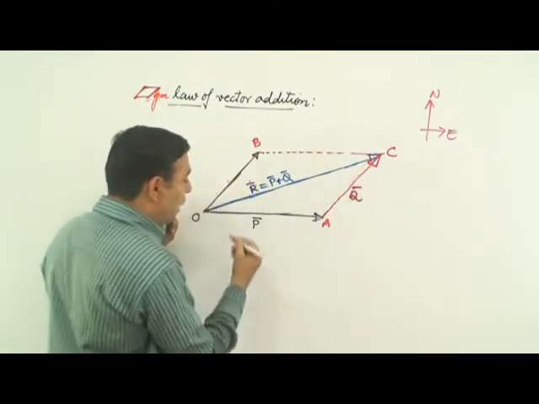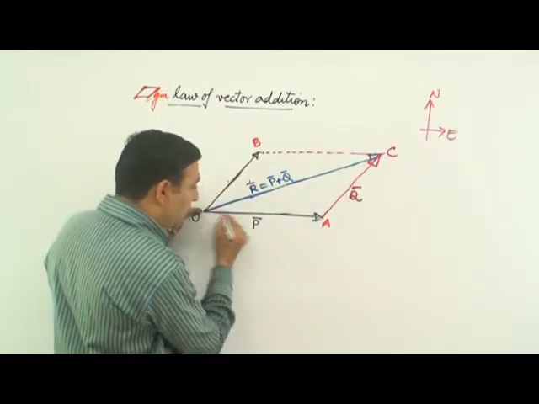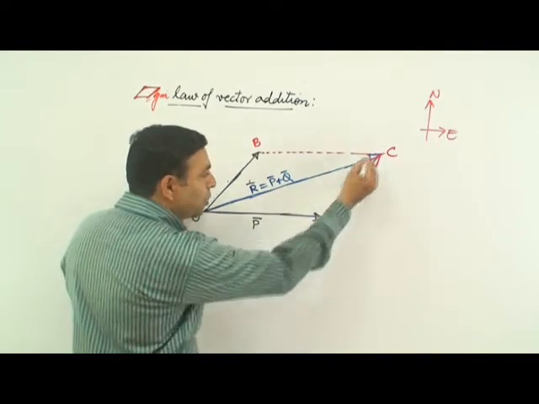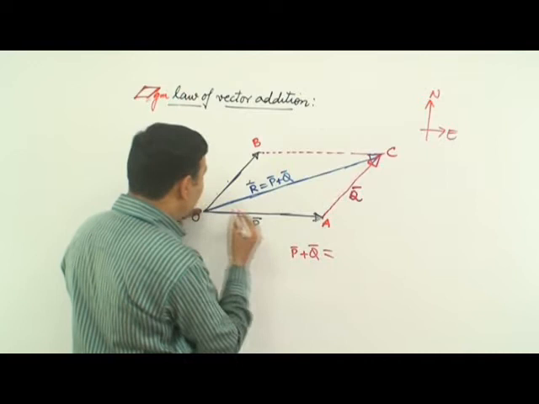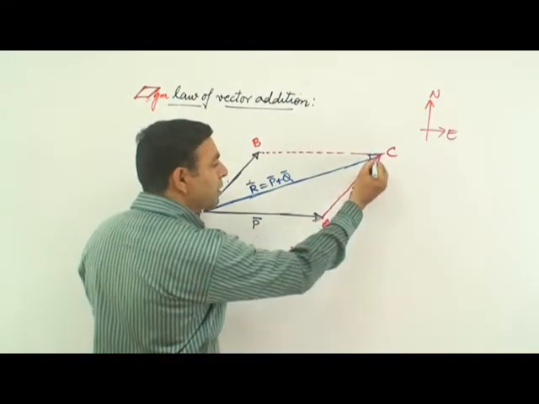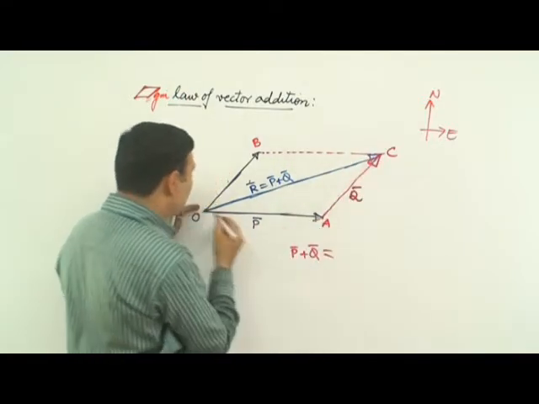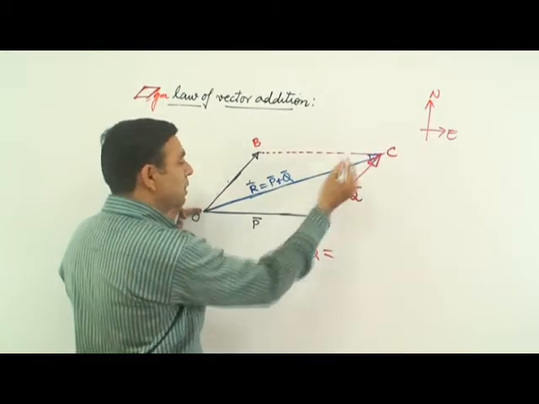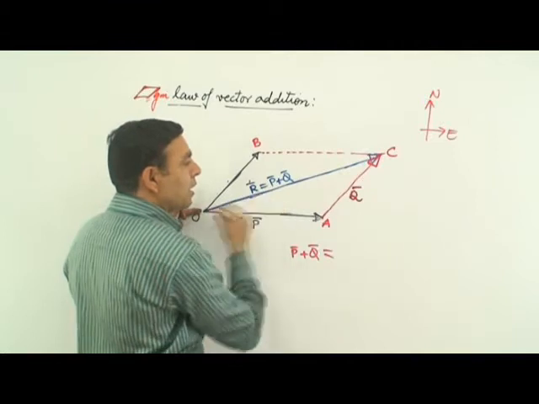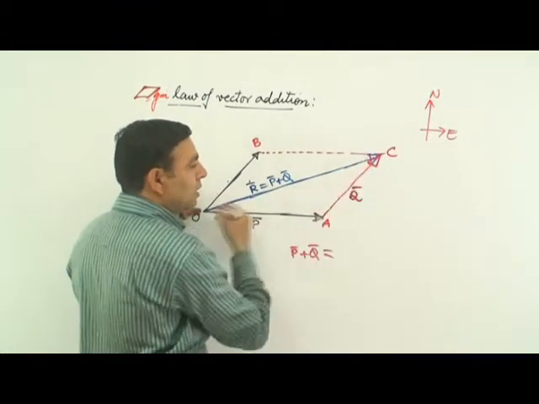Now let me add this vector P and then Q using triangle law. P plus Q is something like this. See, tail, head, resultant, head, tail, which is nothing but OA plus AC is going to be OC. Tail, head, head, tail, head, tail, third side in reverse order.